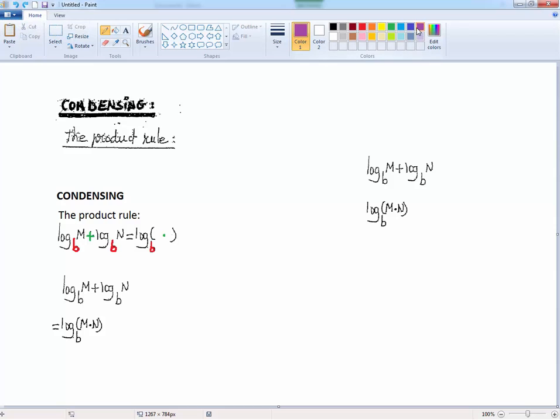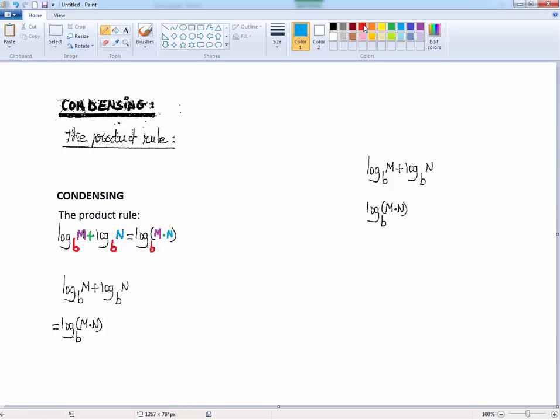If the first quantity inside the log is m, then when we combine them, we have log base b of a product, m times what? Times what's inside the second log, m times n. So that's a key thing to notice over here.